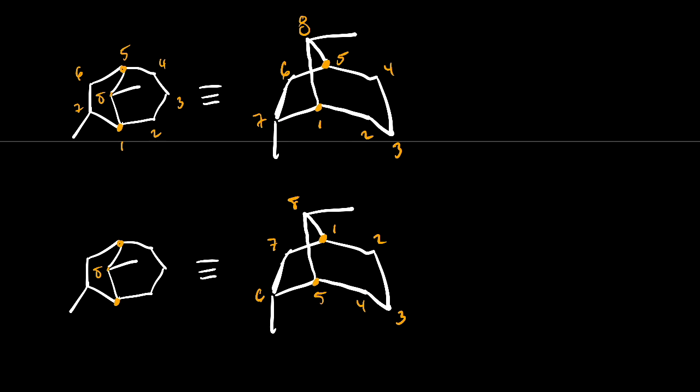Numbering this way, I can't get away from a methyl group at the 8, but if I count this way, I get my methyl group on the 6, whereas if I count up here, I get my methyl group on the 7. So I have to count this way, down here, so that my methyl group is on the 6.